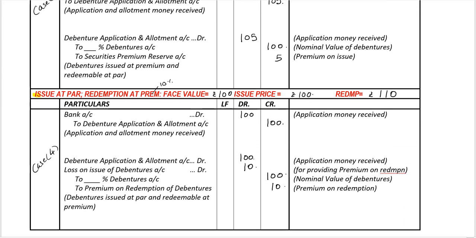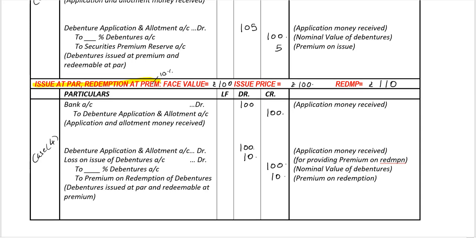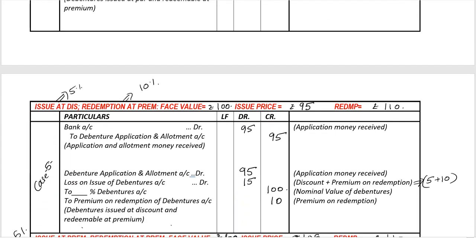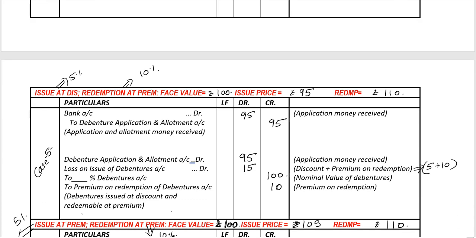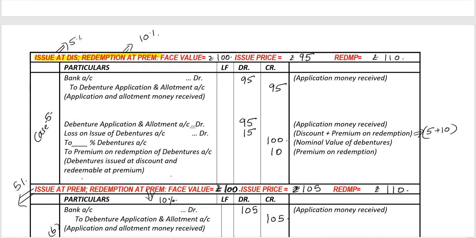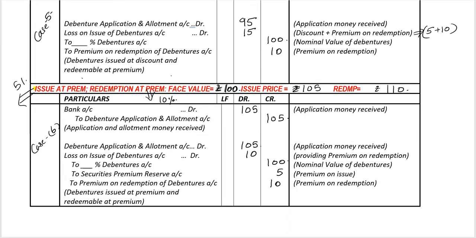The fourth case, issue at par, redemption at premium. This is the fifth case, issue at discount and redemption at premium. And the final case, issue at premium, redemption at premium.